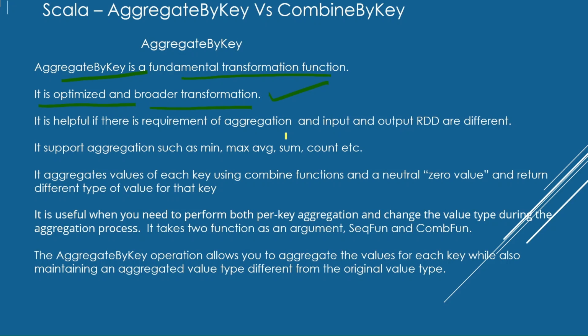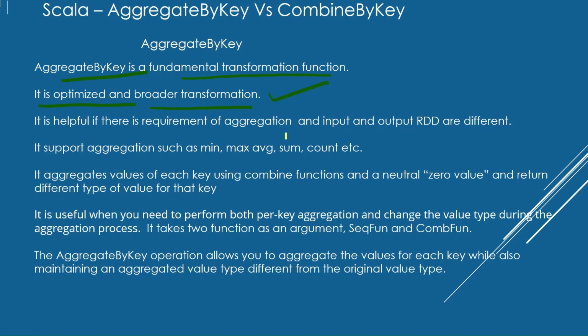That means shuffling of data is going to take place during the transformation. But the main advantage of aggregateByKey, as I told you, is that shuffling of the data takes place at the last stage, and it also reduces the data.